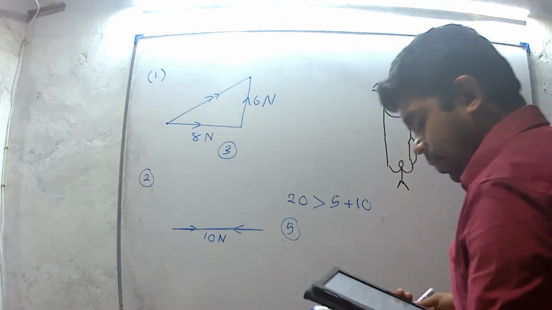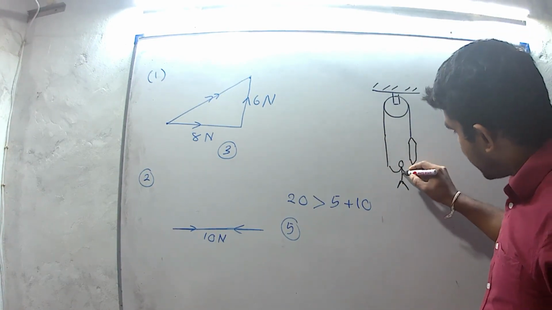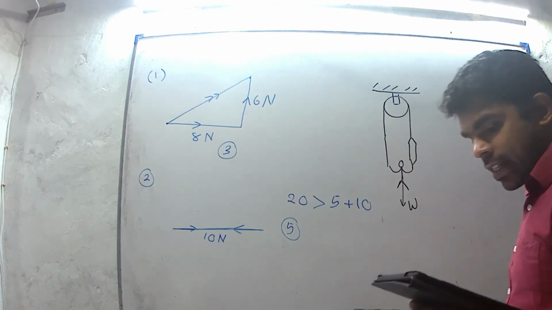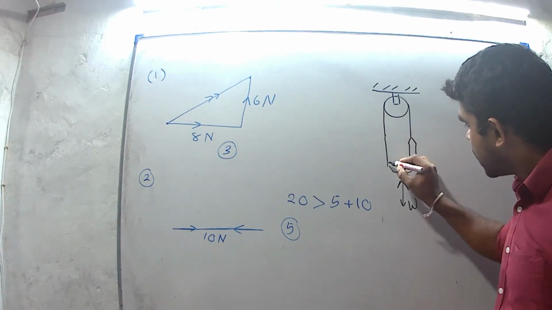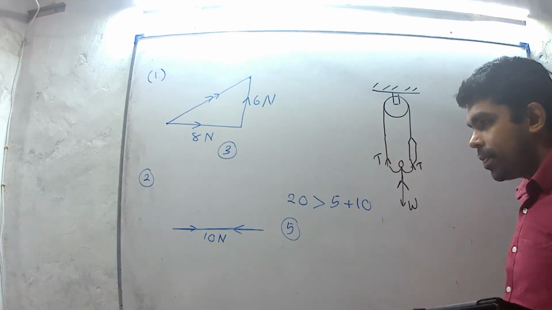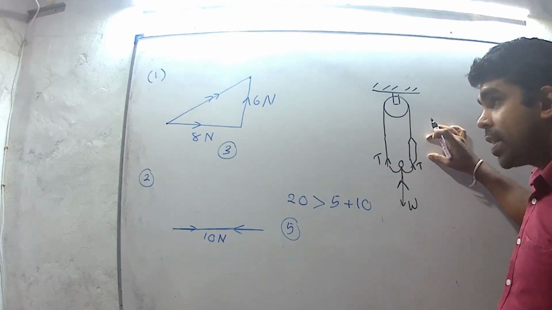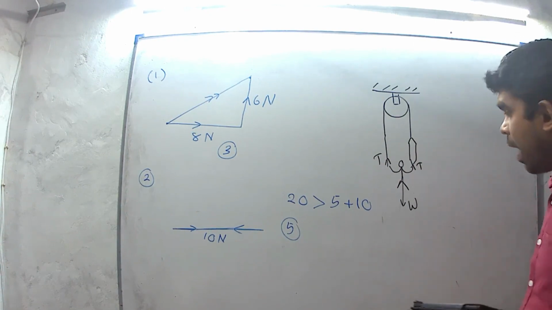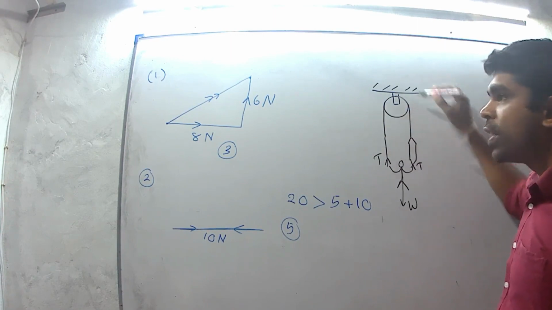Then we can mark forces. Weight of the child, it is given as W, and there are two forces, tension. This is a light spring balance. It means there is no weight for the spring balance. Therefore, this tension is acting as the same value for the same rope.